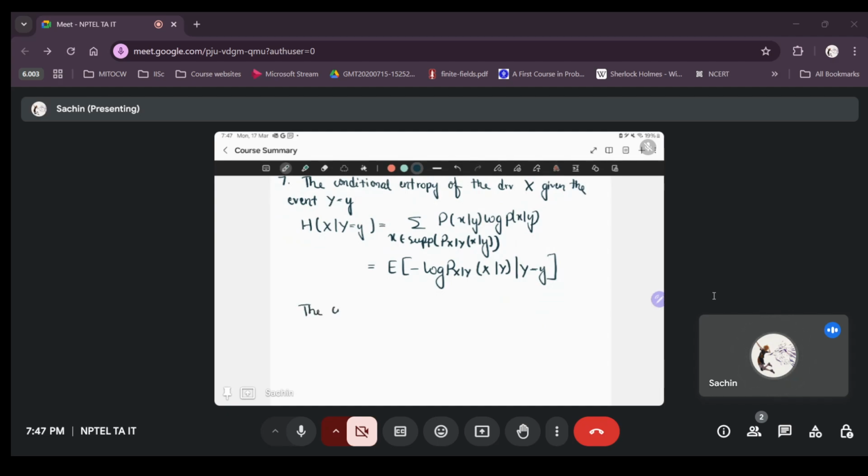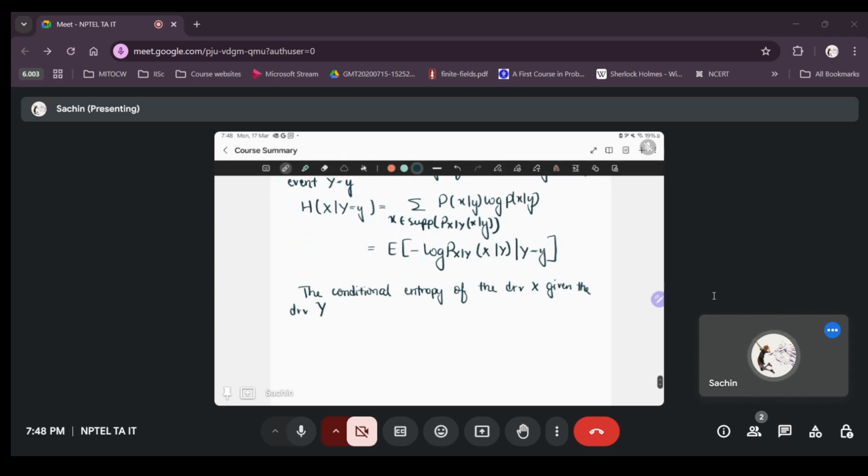Then we have the conditional entropy of the discrete random variable x given the discrete random variable y, which is the average of conditional entropy of x given the event y is equal to small y, average over all possible values of capital Y, small y.